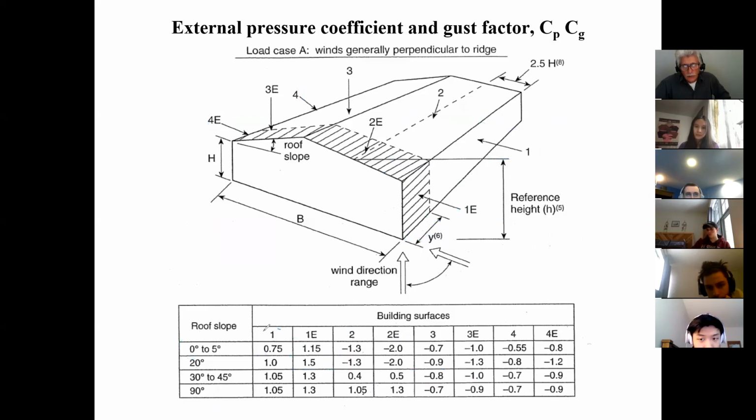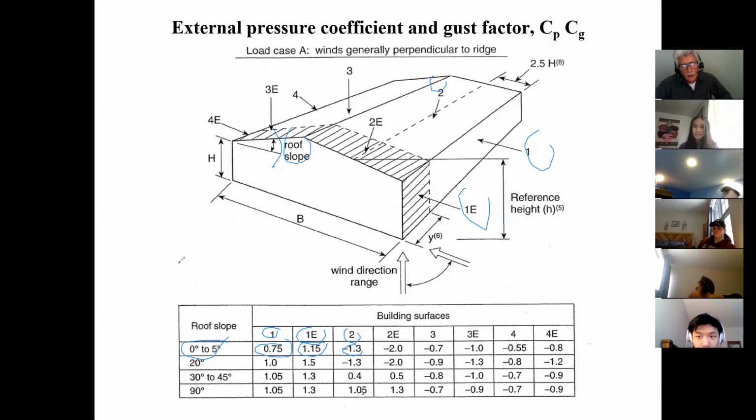In other words, this tells you which surface these values of CG, CP apply to, and here they call them CP, CG. They tell you the values of those factors for those surfaces depending on the angle of the roof, okay?